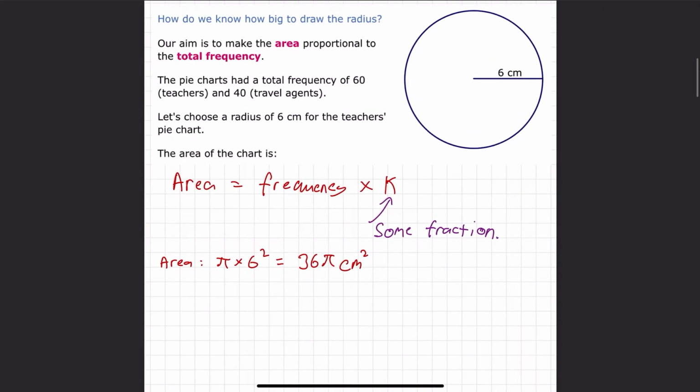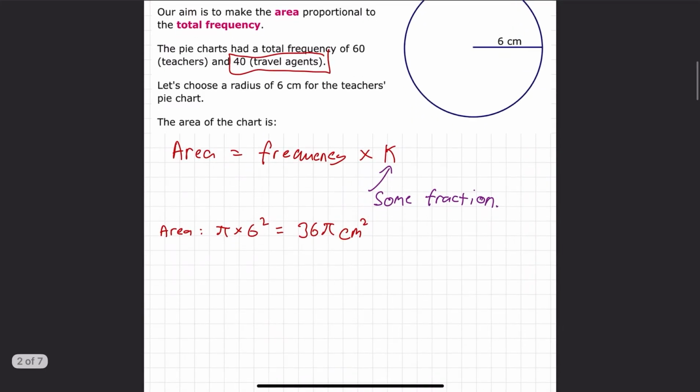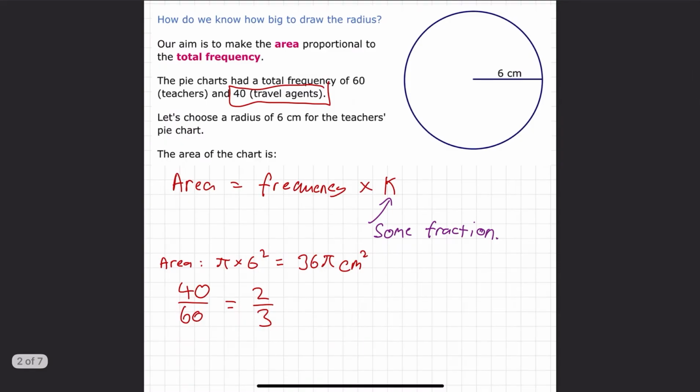But we're thinking of what would the area of the pie chart for travel agents be. There are 40 travel agents, and we know 40 out of the 60 teachers is going to be 2/3. So what we're trying to say is this is our proportion thing.